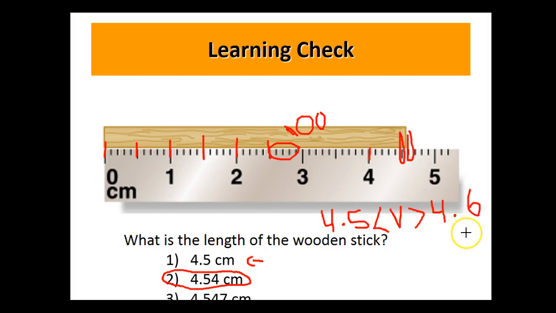And since we know that, and these marks are in the hundredths place, this could be the only possible answer. This answer is in the tens place. That would work if we only had these lines right here. But we have additional lines that gets us to the hundredth place, and that's why this is the answer.